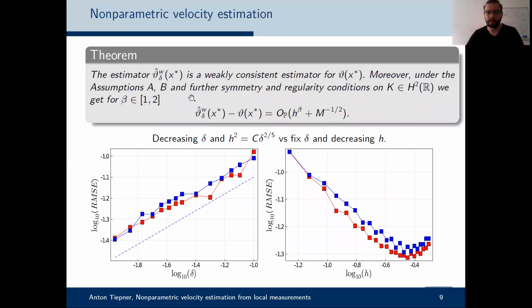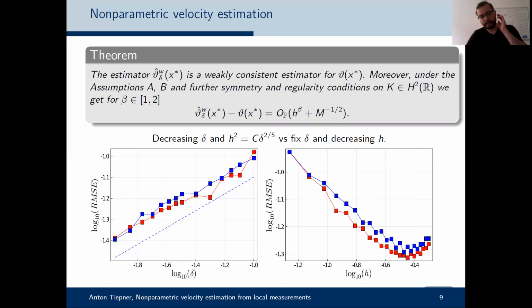So our estimator is weakly consistent, and under the assumptions A, B, and further restrictions to the kernel K, we obtain the convergence rate in probability h to the power beta plus m to the power minus 1 over 2.